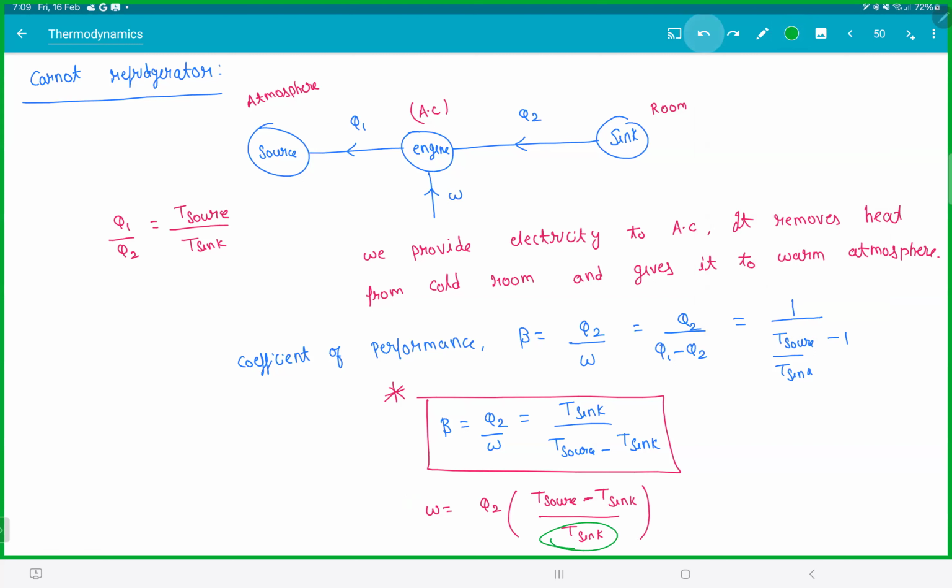Let's say if you're using your AC from 24 to 20 degrees and 20 to 16 degrees, for that 4 degrees ka difference, you actually consume at least 20-30% more electricity. So as T sink tends to 0, work will tend to infinity. Therefore, 0 Kelvin is not possible, theoretically or practically. Have a look at this.